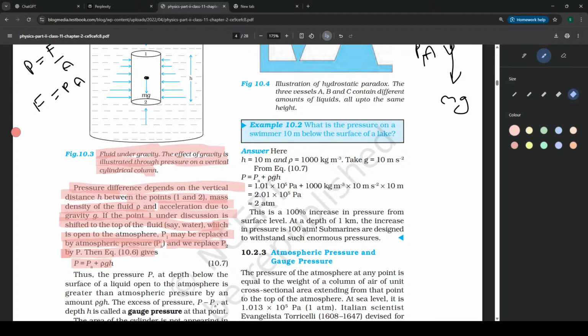P1 can be replaced by atmospheric pressure, which is significantly lesser than the actual pressure inside the water. P is equal to Pa plus rho gh. We just sent P1, or Pa, from left to right.